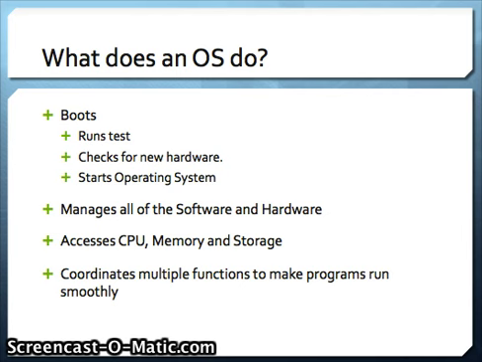Your operating system manages all of the hardware and all of the software that is part of your computer. It accesses your CPU, your memory, and storage, and it also coordinates the multiple functions to make the programs run smoothly. So it coordinates your CPU, your memory, and your storage, all of those things combined together.